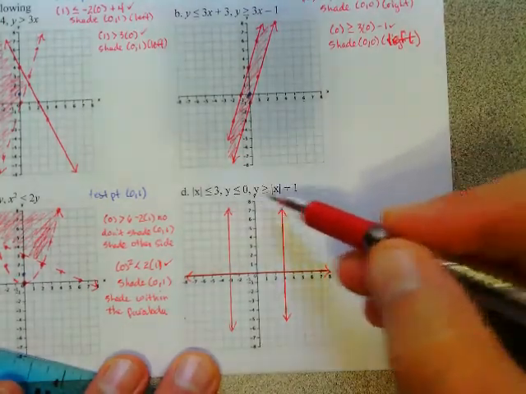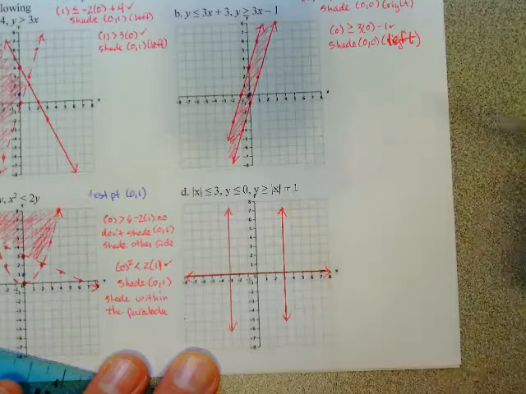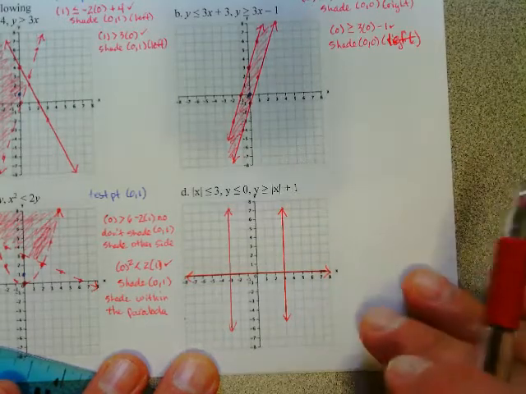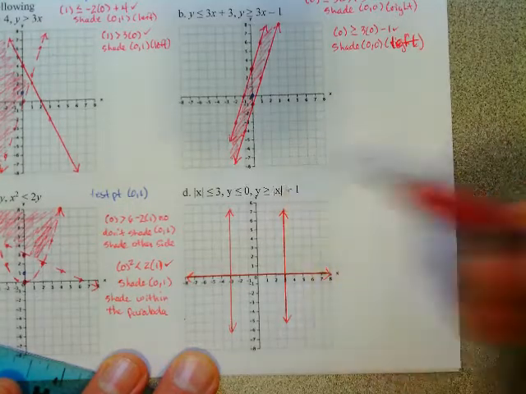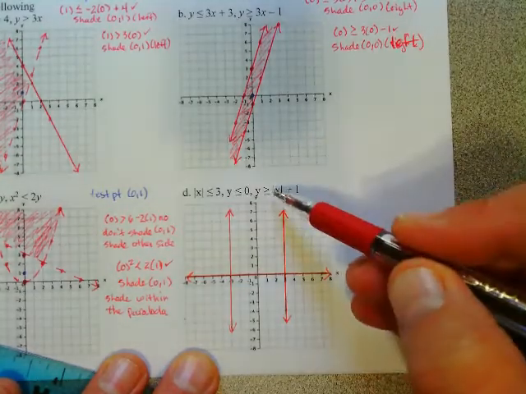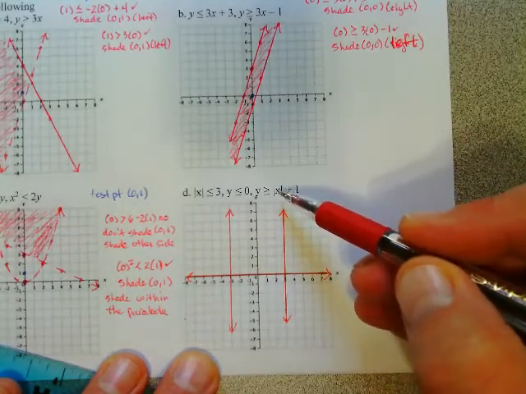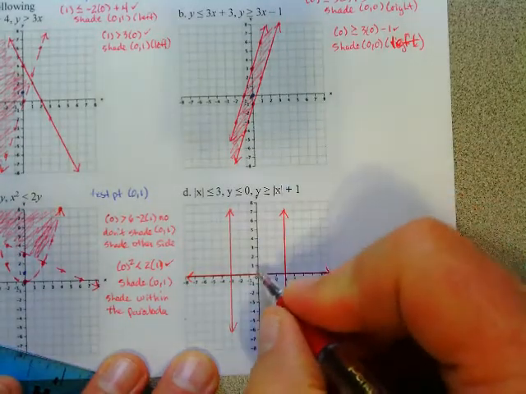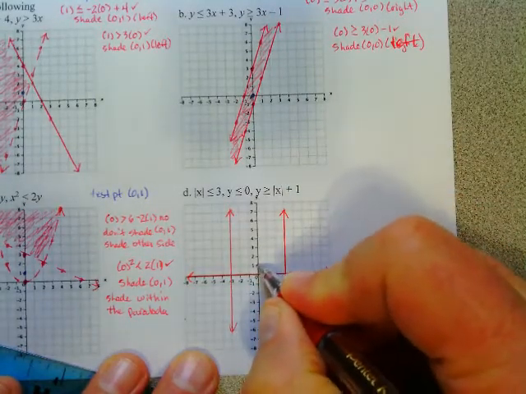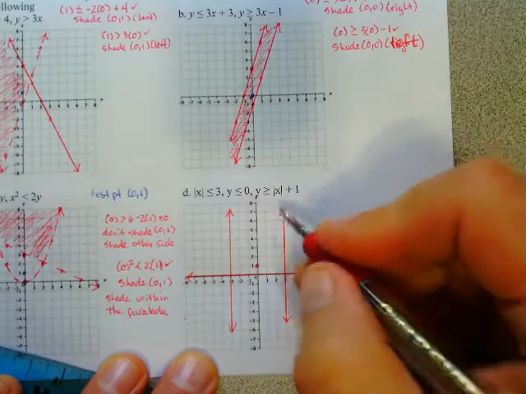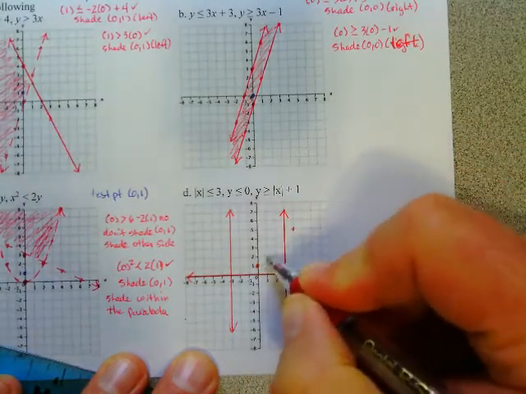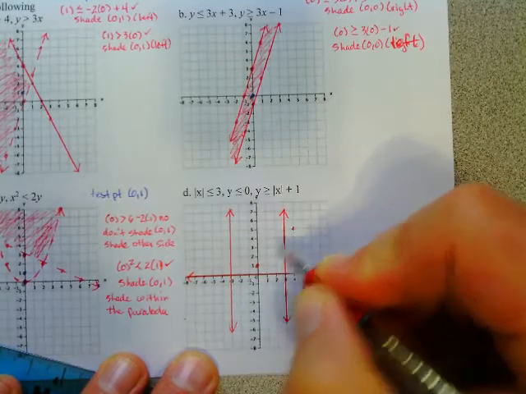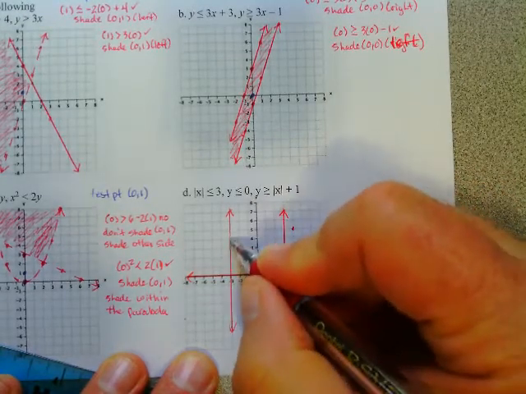And this is the only one that's diagonal because it's got both x and y. It goes through 1. It does have absolute value, so this will have the V shape. This one will start off here, and since it has a slope of 1, it's going to go this way, up 1 and over 1 and so forth, and it's also going to go this way.